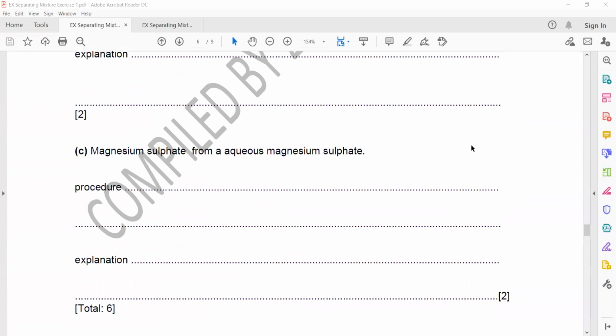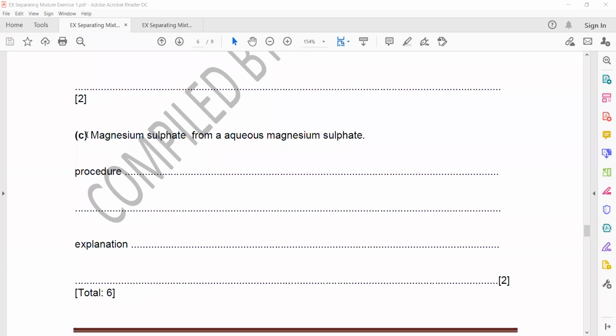Page 6, part C. Aqueous magnesium sulfate means you have magnesium sulfate dissolved in water, a solution of magnesium sulfate.